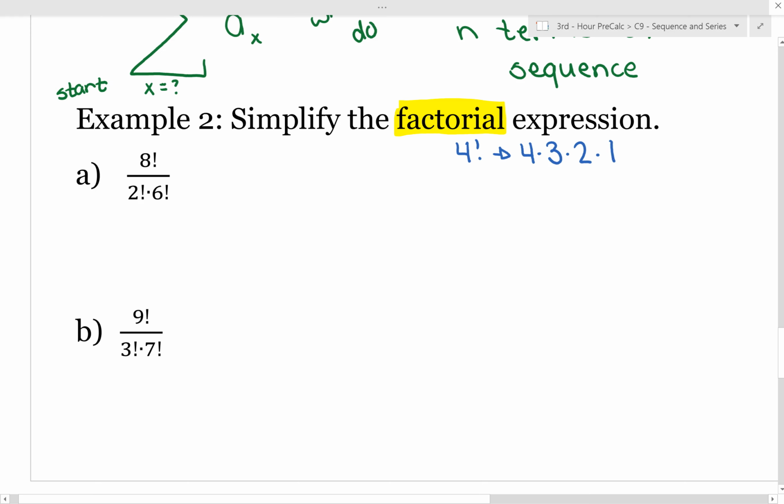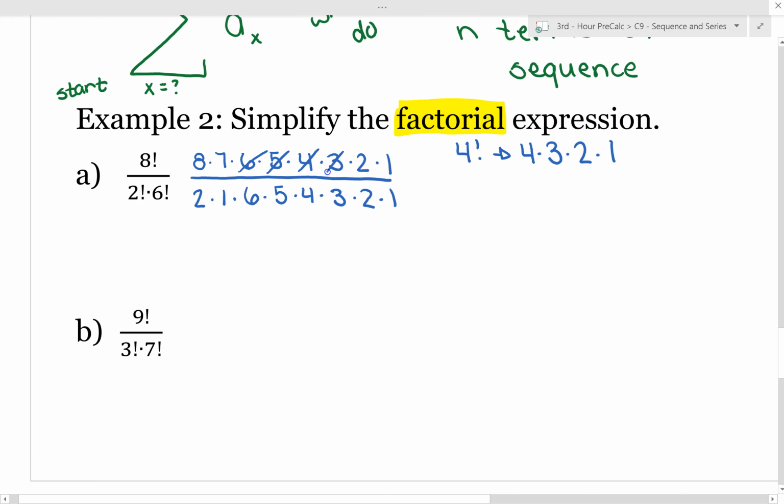So if you look at this first one, I would need to do 8 times 7 times 6 times 5 times 4 times 3 times 2 times 1 on the top, all over 2 times 1 times 6 times 5 times 4 times 3 times 2 times 1. So as you can see, all of these cancel with all of these. And then 2 goes into 8 4 times. So that means my answer would be 28.